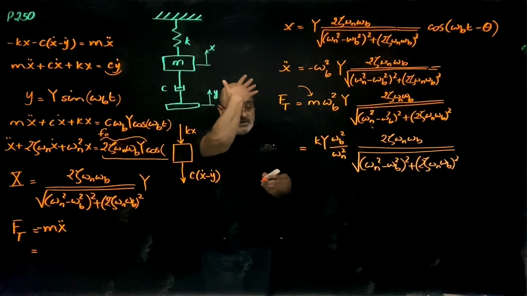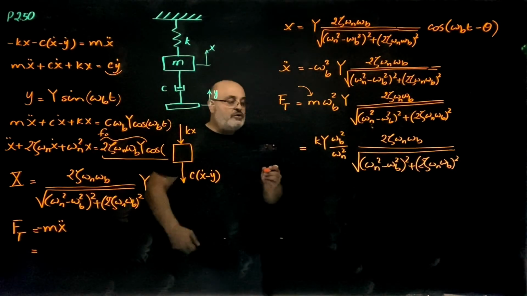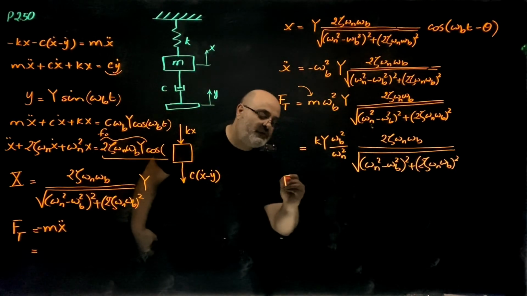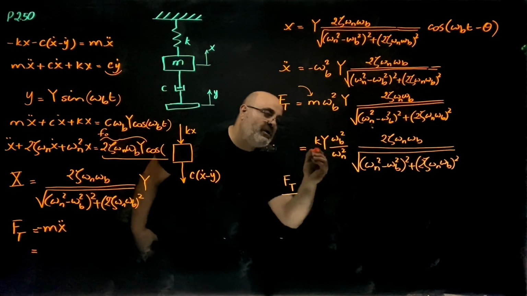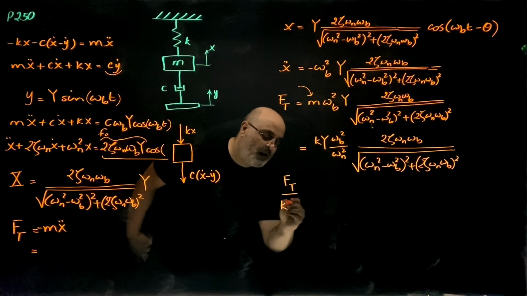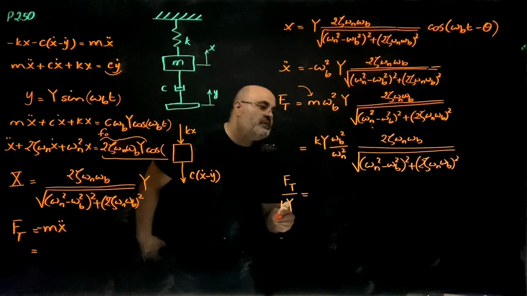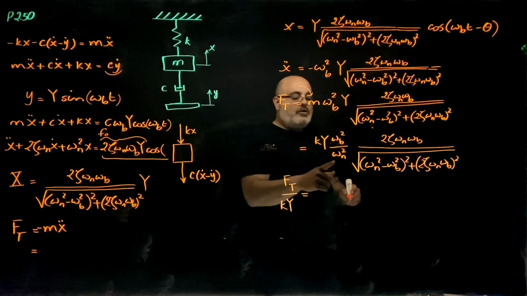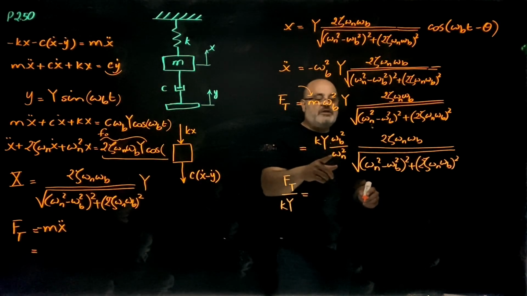Now the force transmissibility is F T divided by k Y. Now omega b over omega n, that's the frequency ratio r.